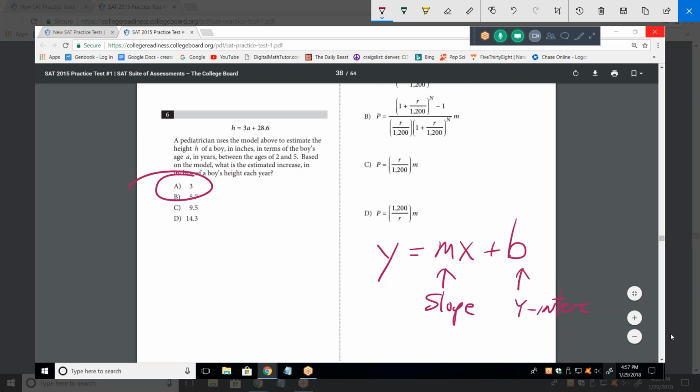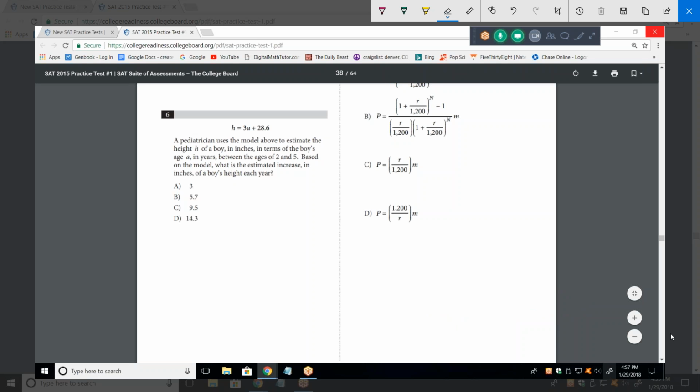But what you have to recognize is that that's y equals mx plus b, with that being the rate of change. Now, let's say you didn't know any of that, and you didn't know how to do it. Well, you can figure out how to do it. In other words, between the age of 2 and 5. So what's the height of the boy when he's 2?